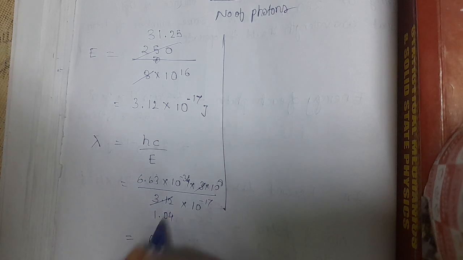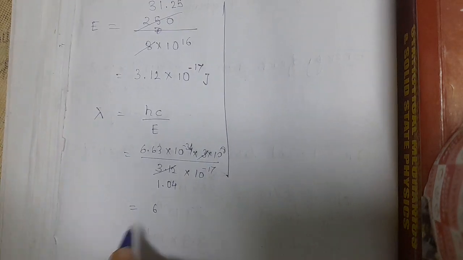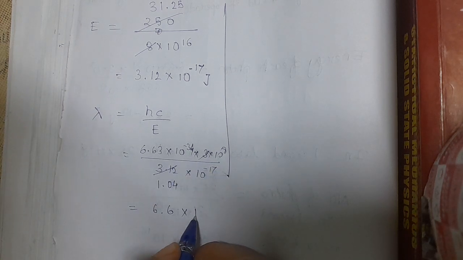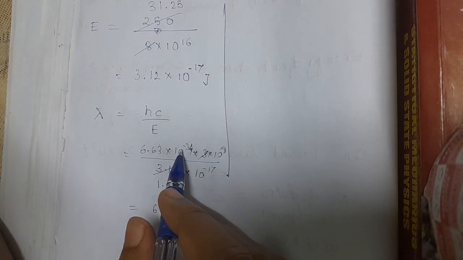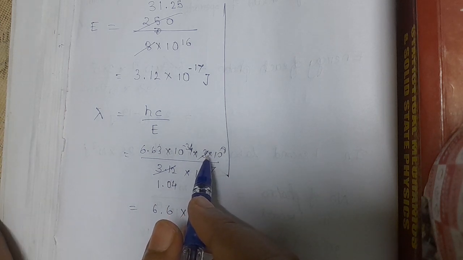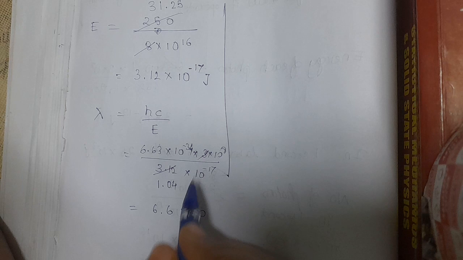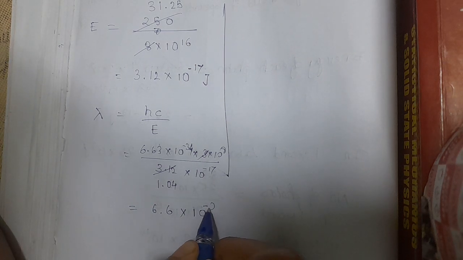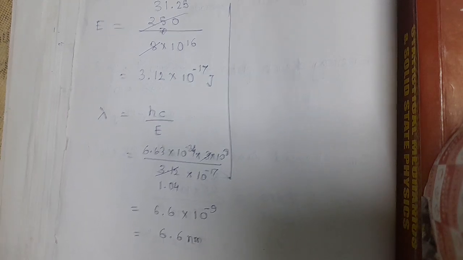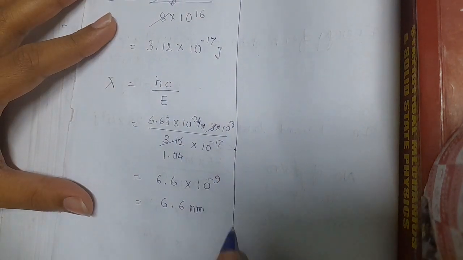Then it will be 6.6 divided by 1. So it's 6.6 into 10 to the power minus 17 plus 8, it becomes 10 to the power minus 9. So 6.6 nanometer. At this much wavelength it should operate.